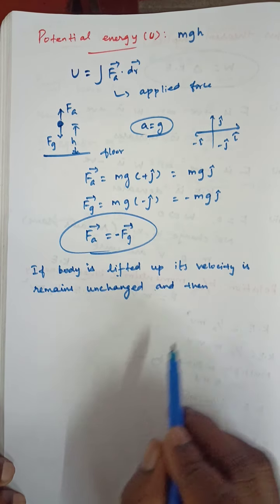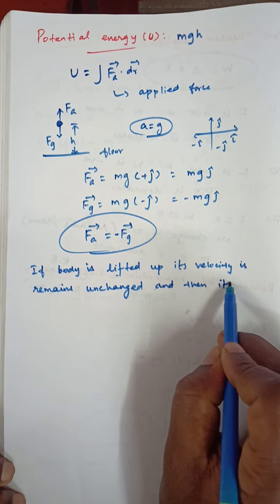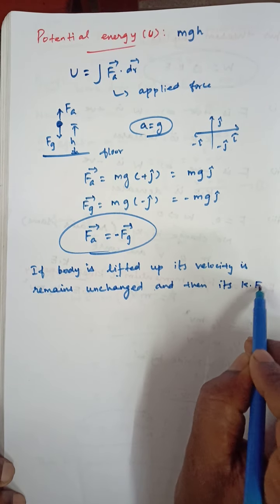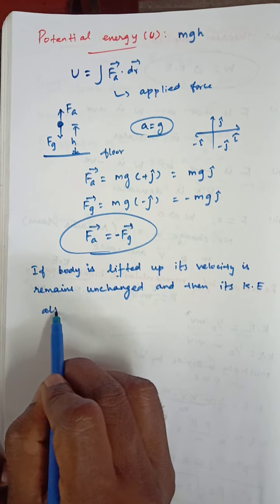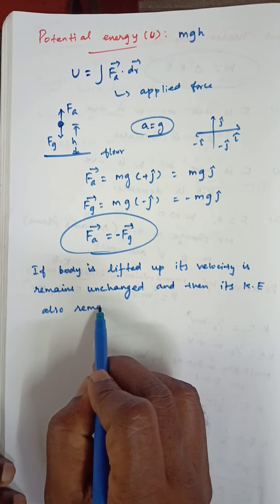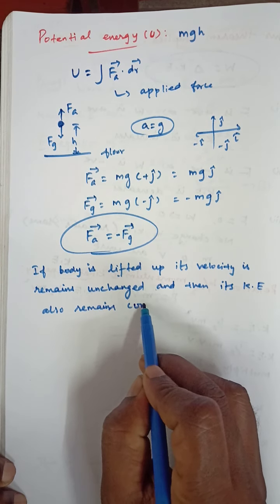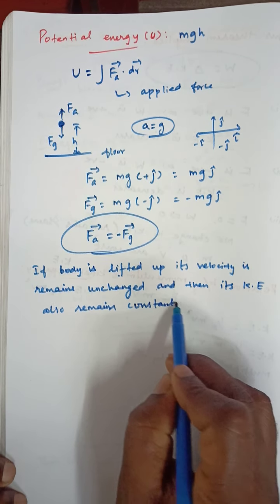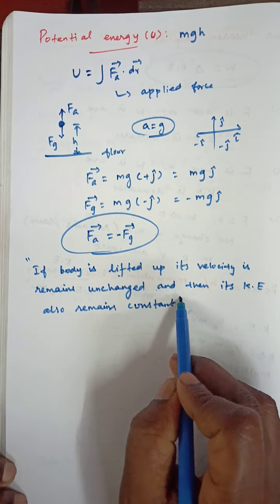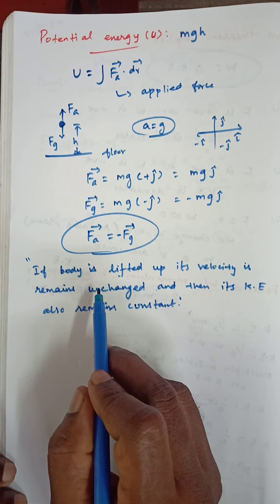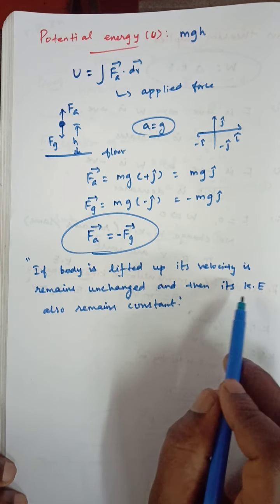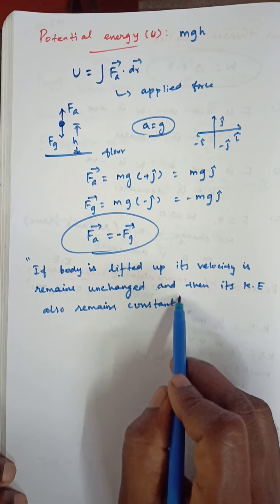So its kinetic energy also remains unchanged or constant. Clear? See, for a moving object, if v is constant, kinetic energy is also constant. This is the concept we write here.